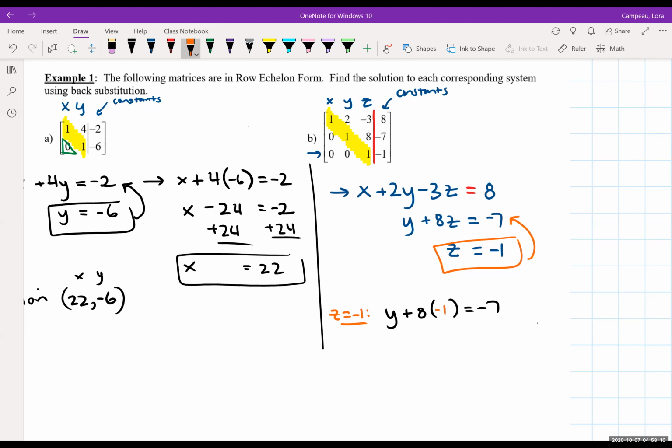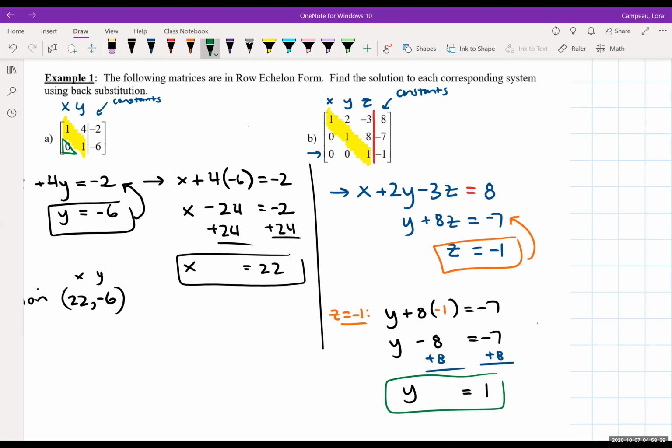So a little bit of math. We'll simplify. 8 times -1 is -8 equals -7. We will add 8 to both sides. And we should get y equals +1. So now we have the value of the second variable.